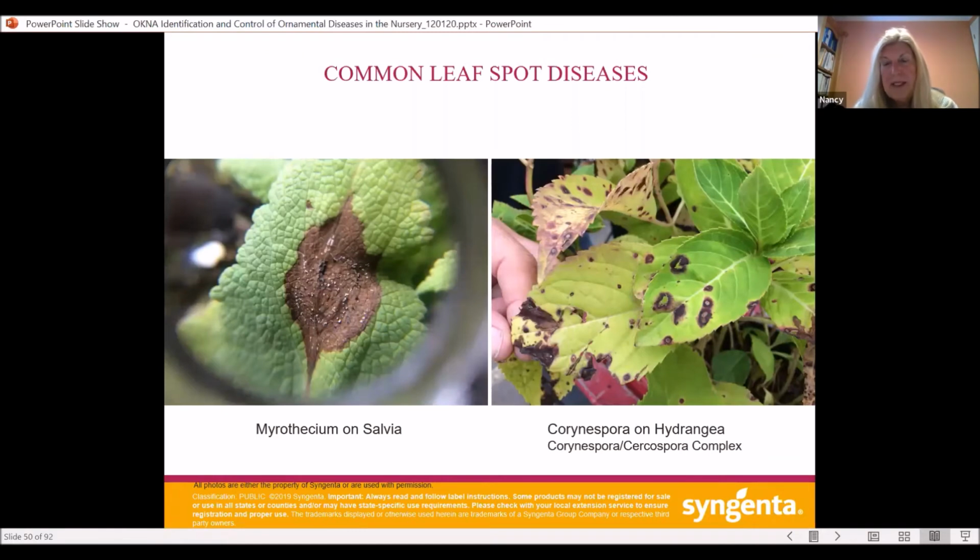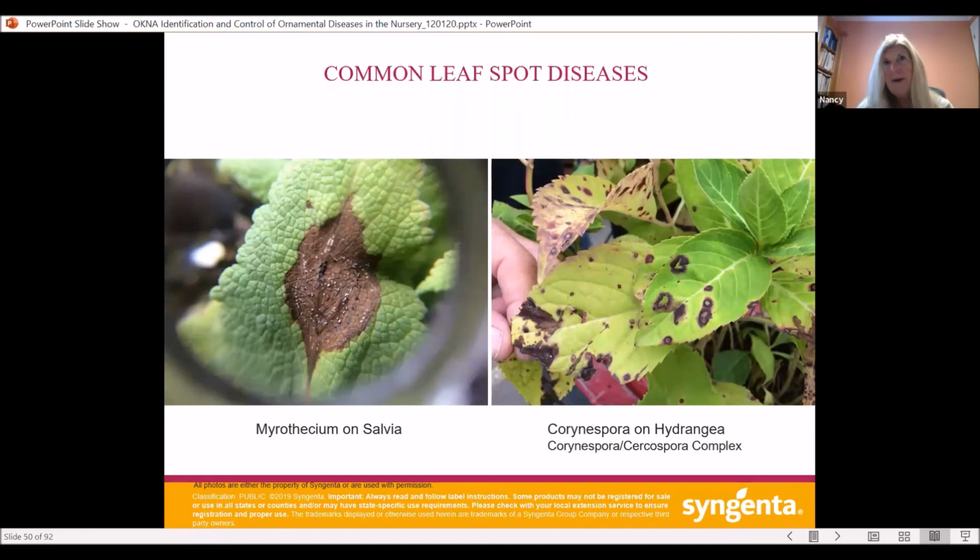Just some common ones that you may encounter on some of the crops that you may be growing. This is on salvia, Myrothecium. And Myrothecium gets on several perennials. But one of the things you may note, if you have a hand lens, is that the fruiting structures on Myrothecium look a bit different. They're not the black peppery spots that you typically see.